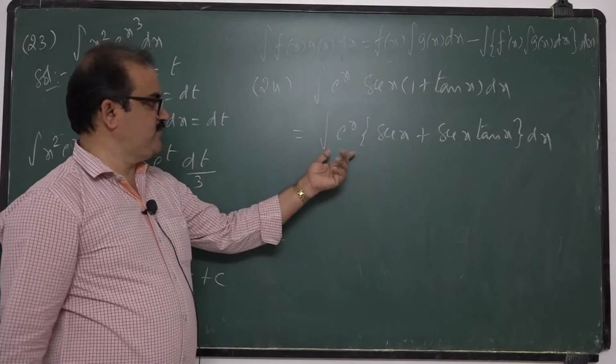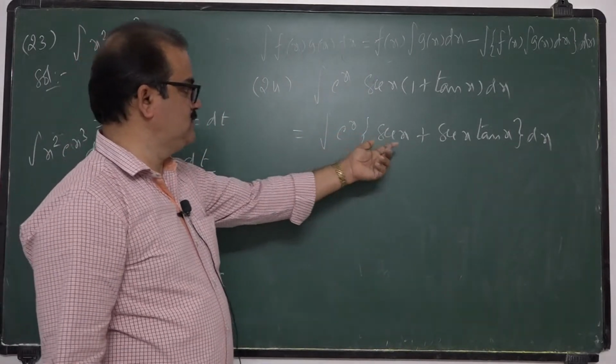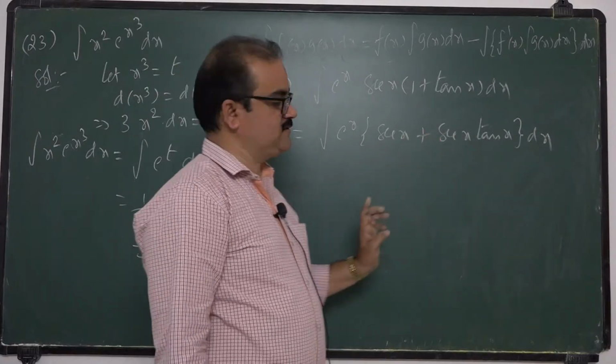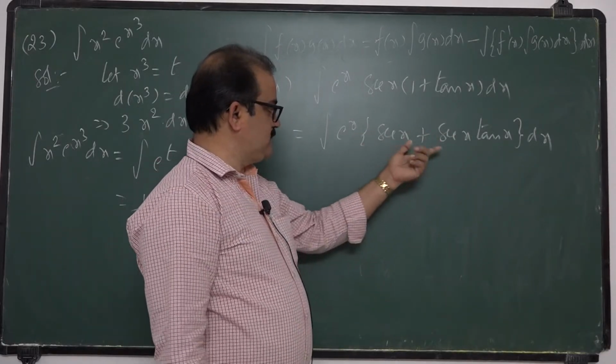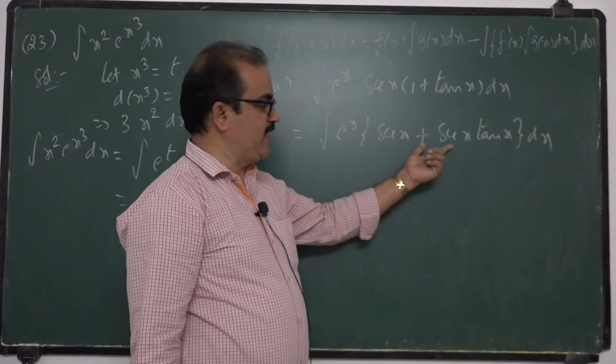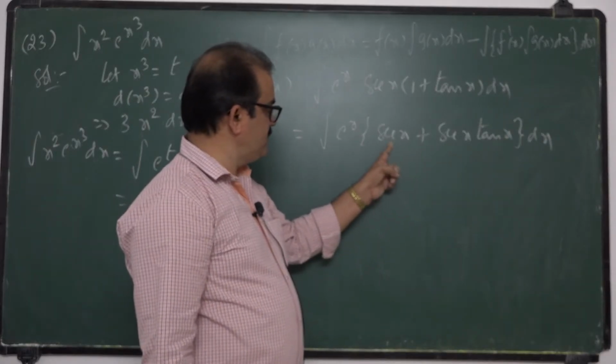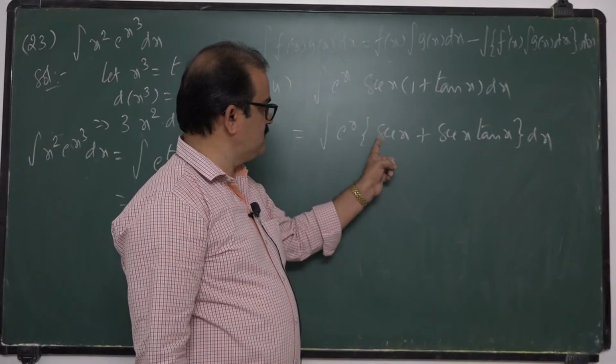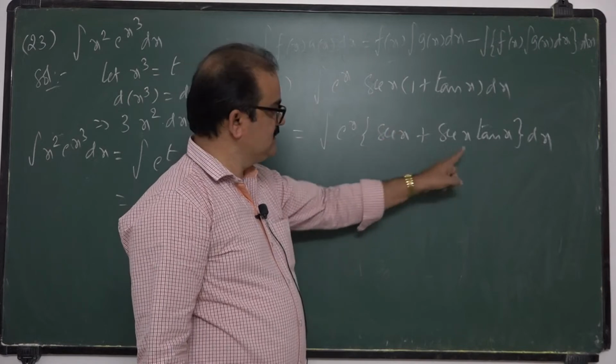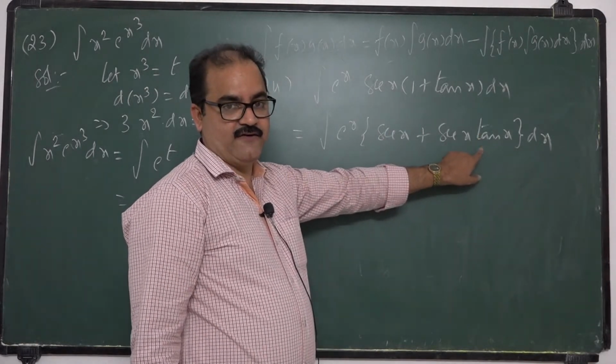Now it is in the form of integral e power x into sum of two functions. You observe the terms in the bracket. If we take f of x as secant x, then what is f dash x?